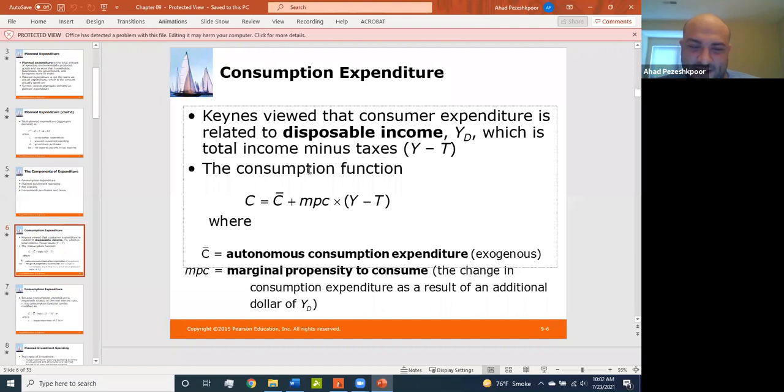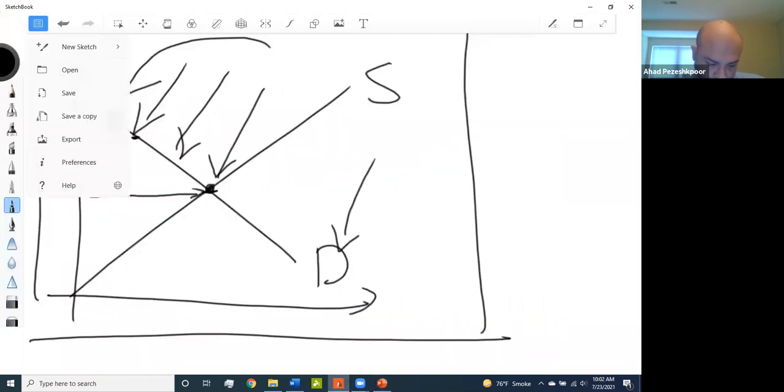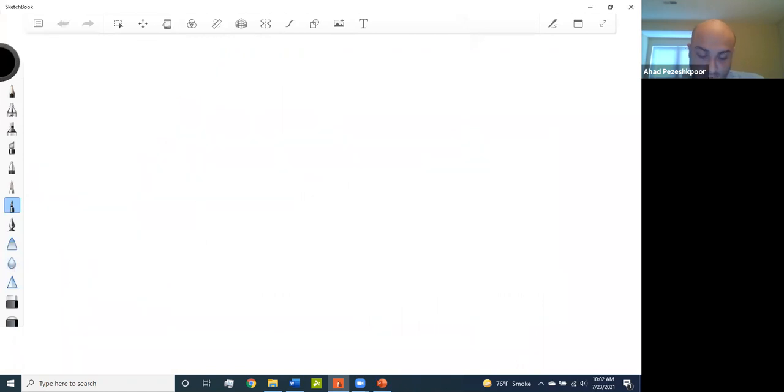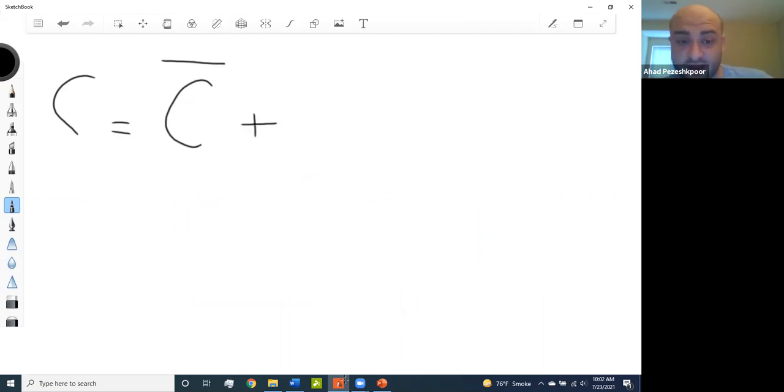So let's continue. Now, the consumption function. Every different component of that aggregate demand, let's cover them. The consumption first. Remember at the beginning of the semester, we talked about consumption being equal to some exogenous, some autonomous consumption plus everything else.